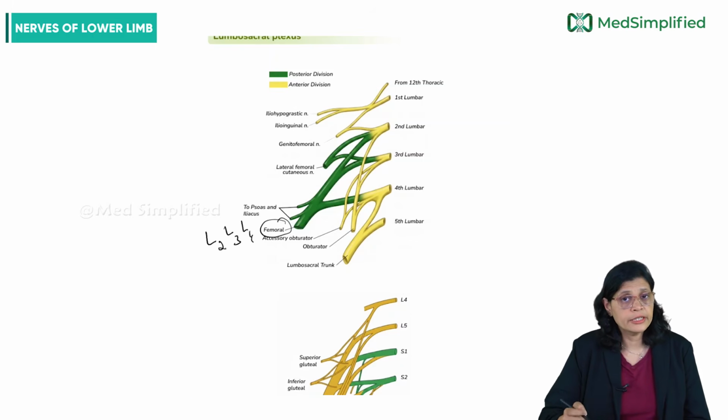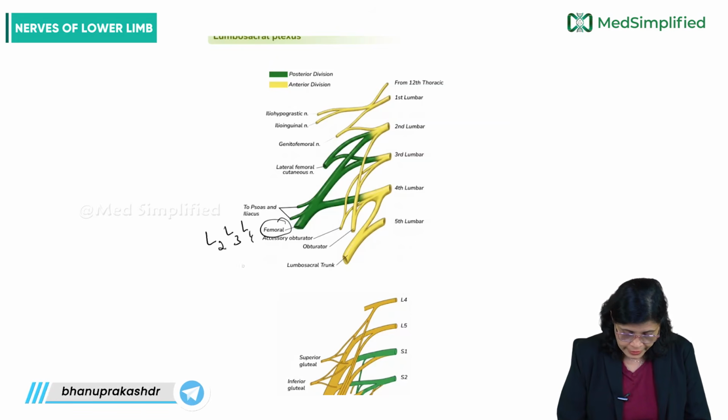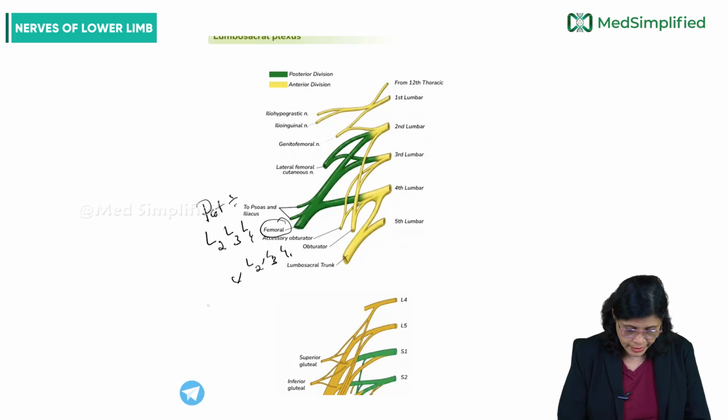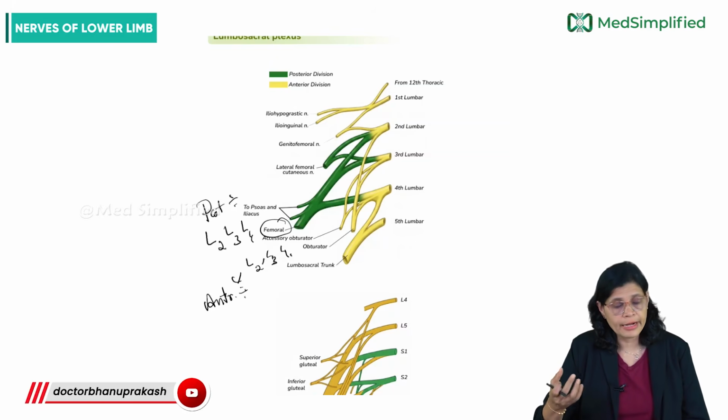Whereas the obturator nerve is formed by the anterior divisions of the ventral rami of L2, L3 and L4. So the femoral is by the posterior divisions, whereas this is by the anterior or ventral divisions of the ventral rami of L2, L3 and L4.